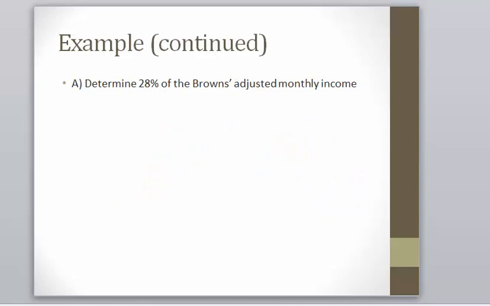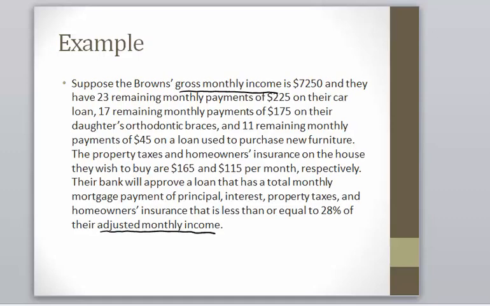Part A asks us to determine 28% of the Browns' adjusted monthly income. In order to do this, we're going to take their gross monthly income, and the problem tells us that the gross monthly income is $7,250.